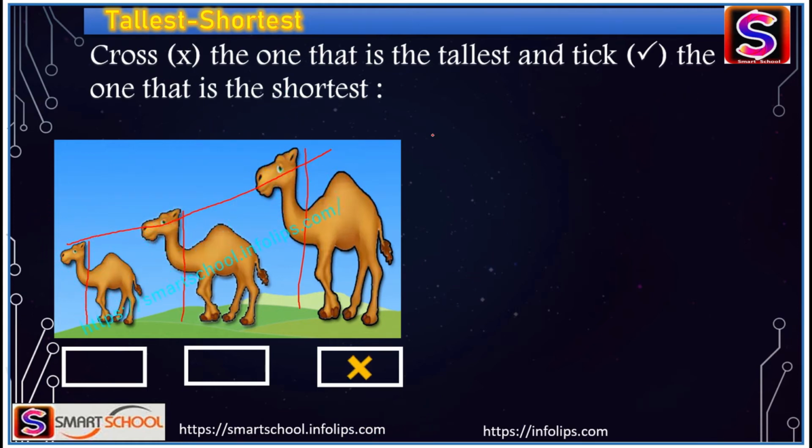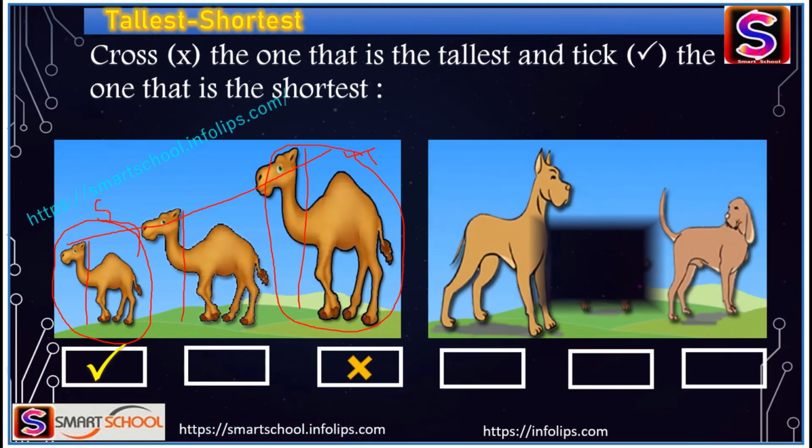The bigger one is tallest and the smaller one is shortest. It means the object which has the biggest height is called tallest, and the object which has very less height among the three or more than three is shortest.